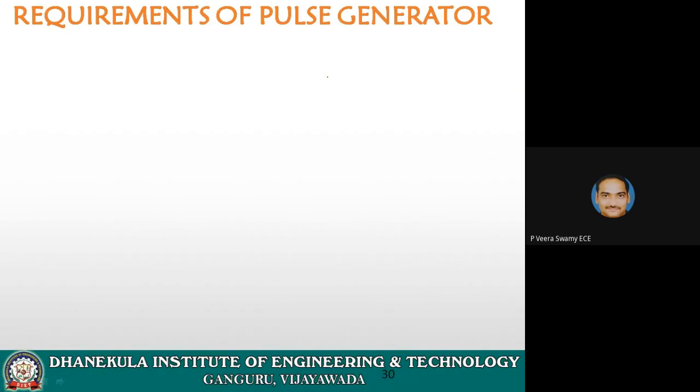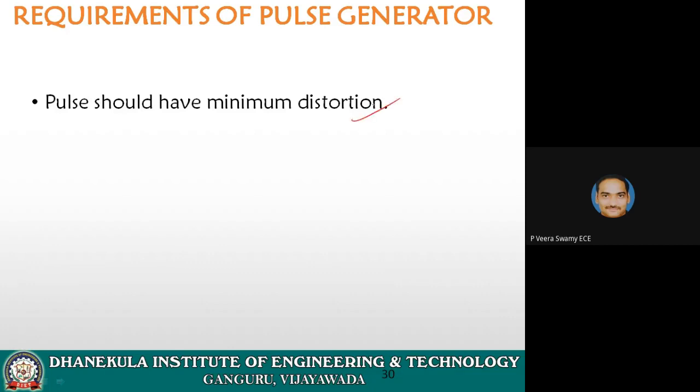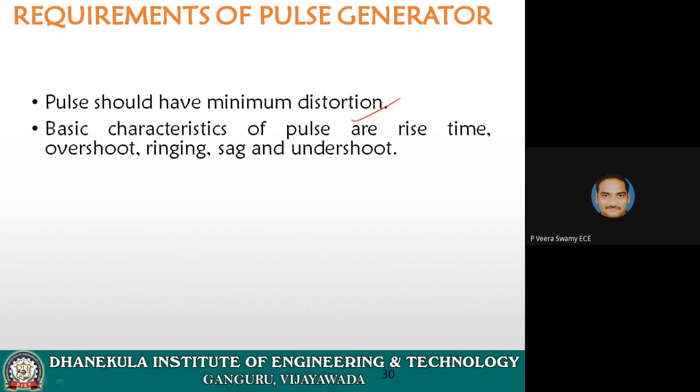Requirements of pulse generator. That means what is required for generating a pulse signal using a generator. Pulse should have minimum distortion. Please note down parallelly. Very minimum distortion. Basic characteristics of pulse are rise time, overshoot, ringing, sag, and undershoot.